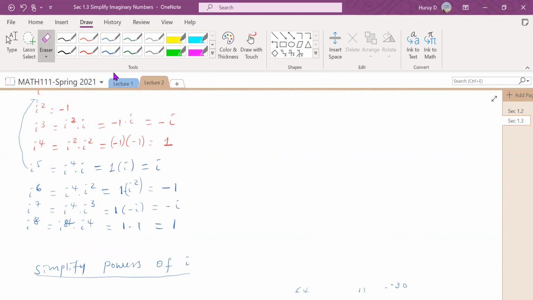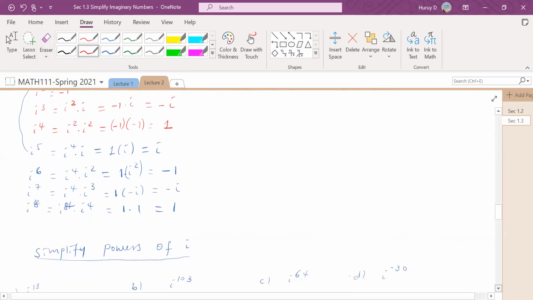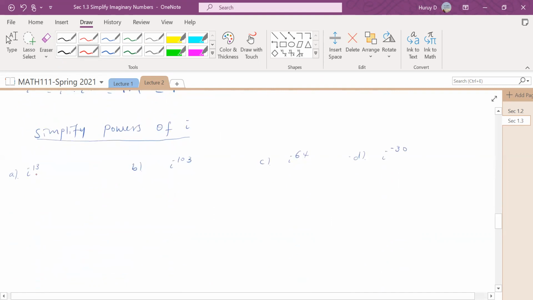So always what you do is you write the exponent in terms of a multiple of 4, plus something. For example, what I mean by this is, let's go to the example. Let's say we have this one now. What is the number smaller than 13 which can be divided by 4 without remainder?